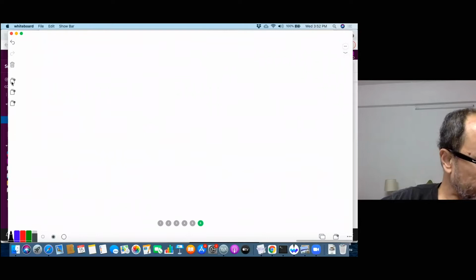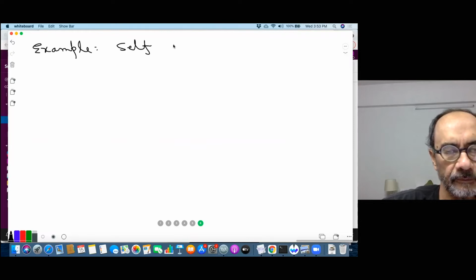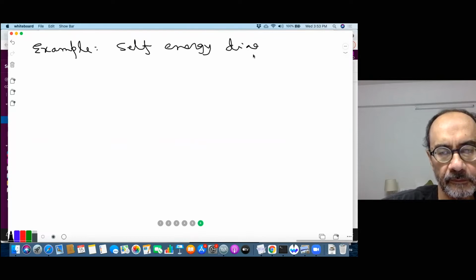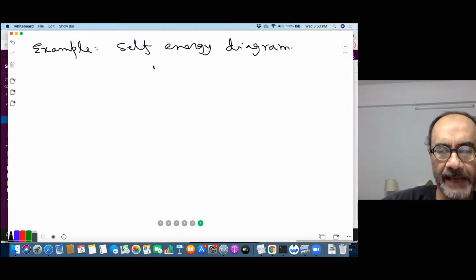So we can look at the example of self-energy diagram. As we discussed earlier, naively, if you insert a self-energy diagram on the external leg, you get an on-shell internal propagator, and that causes divergence. So what are you supposed to do in QFT?